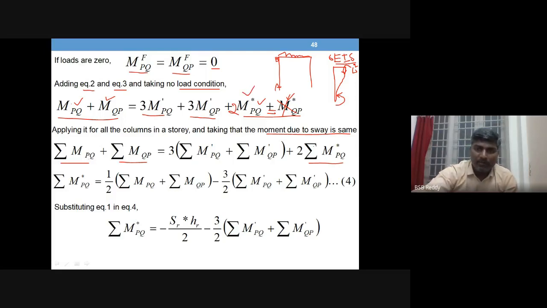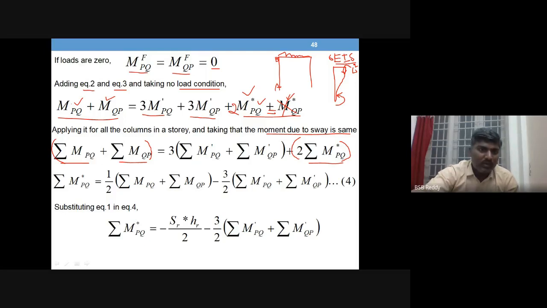Okay. Now bring this term to one side, and all the remaining terms to the other side. So what happens? This is the end moments total minus 3 times the rotation contributions, top and bottom total. Okay. Now there is a 2 here, so send this 2 to the other side.